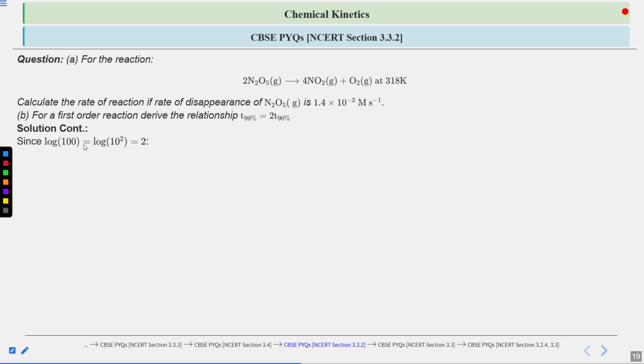So it becomes 2 multiplied by log 10. Now log 10 is 1, so it equals 2. We put this value, so T at 99% becomes 2.303 by K multiplied by 2. This is the value of T at 99%, and let's say this is the fifth equation.